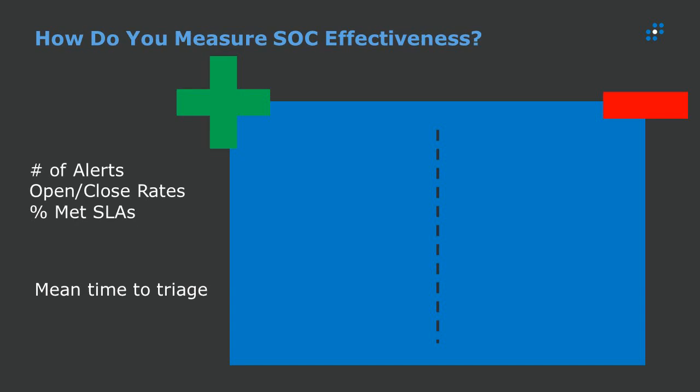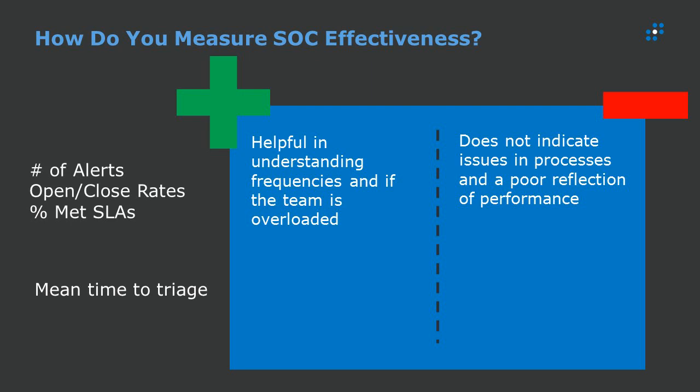Okay, so in terms of measuring SOC effectiveness, just looking at a couple of approaches here. You might base your measurement of your SOC effectiveness on the number of alerts, the open and close rates, and the percentage of met SLAs. Of course, that's helpful in understanding the frequencies: how many alerts am I getting, when are things opened and closed, how often, how many.